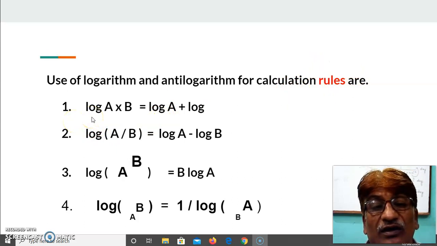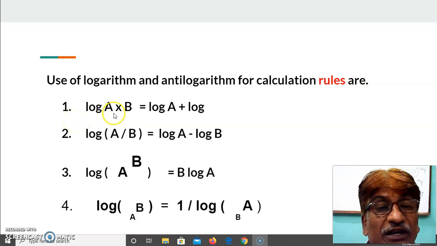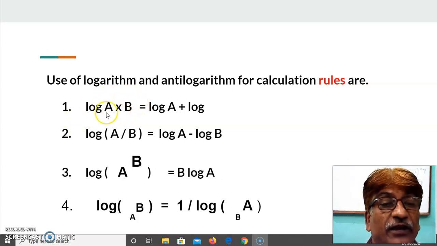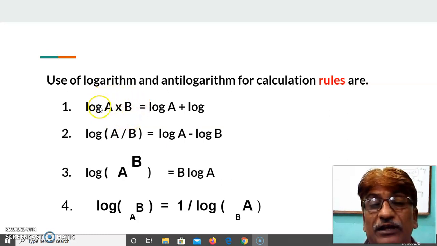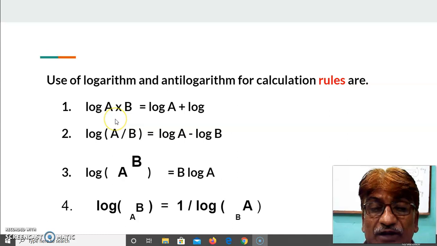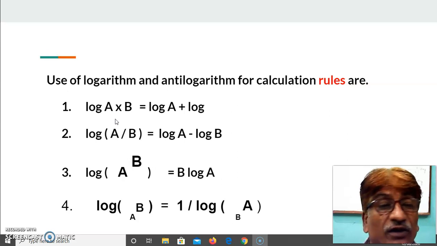log of A multiplied by B, or multiplication of A and B, their logarithm. If multiplication is there, 25 multiplied by 50, we can find by calculation, by multiplication. But if we find it by using log, what happens?